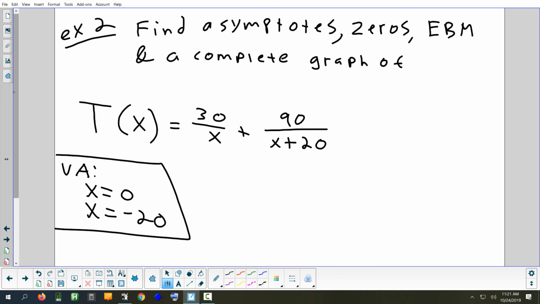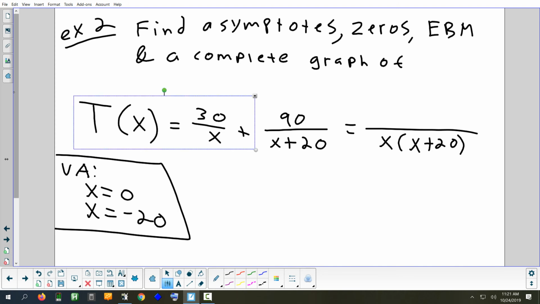But let's combine this into one fraction, then I'll ask that question again. What's the common denominator here? X times x plus 20. Yeah, you could make it x squared plus 20x. That's fine too. What's the first denominator missing to make it the common one?